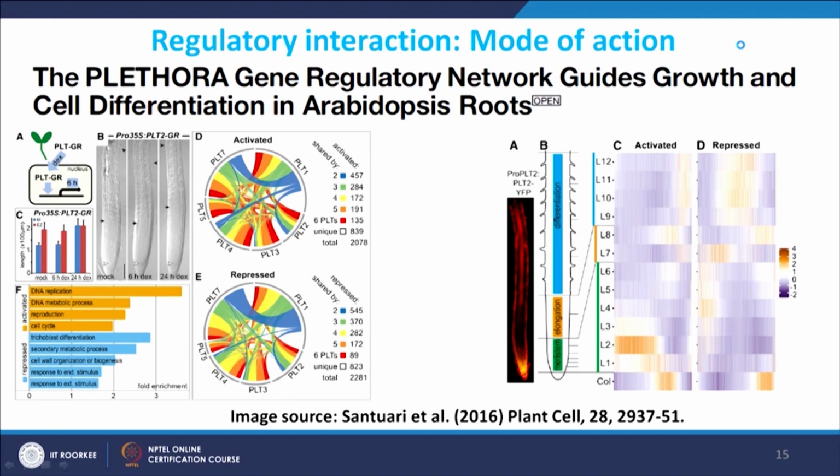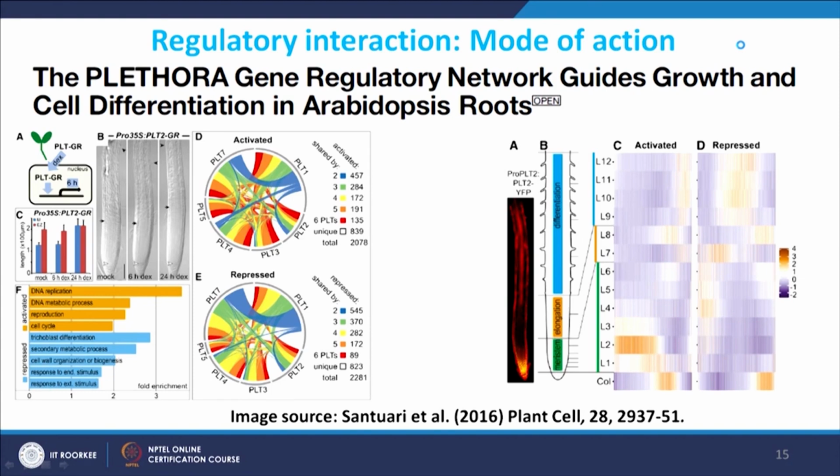For identifying such genes, global techniques like microarray and RNA sequencing can be used. If you quantify the global expression of genes in the wild type and the mutant of a particular transcription factor, you can identify which genes have altered expression levels in the mutants, and then you can establish that they are getting regulated.